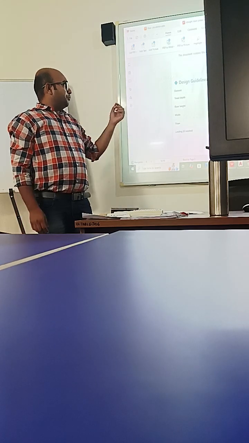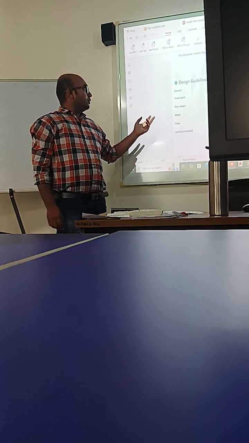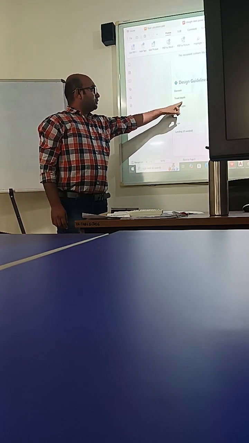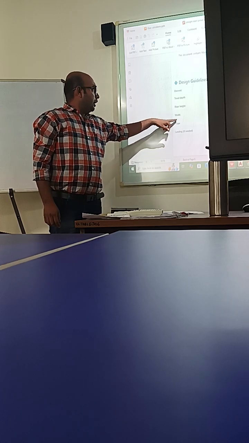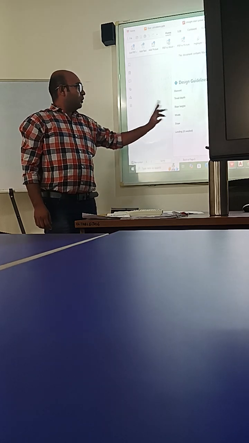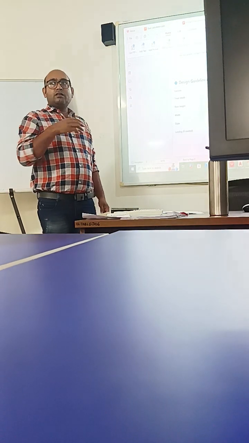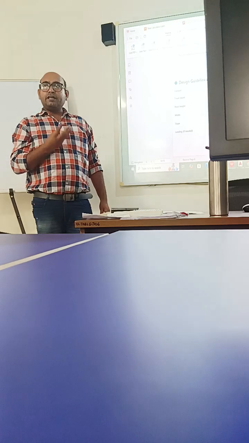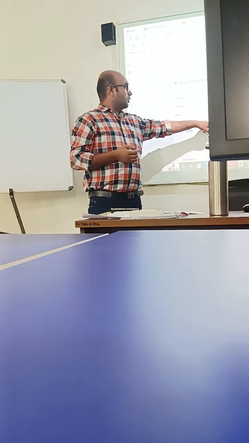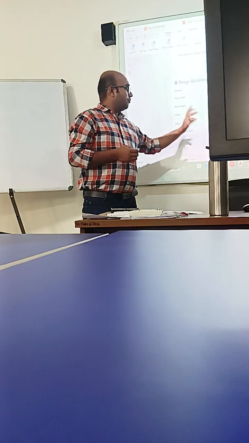Design guidelines. There are many parts included in a stair: tread depth, riser height, width, and slope. We always consider the slope, because the slope decides whether the distance or area is less or more.